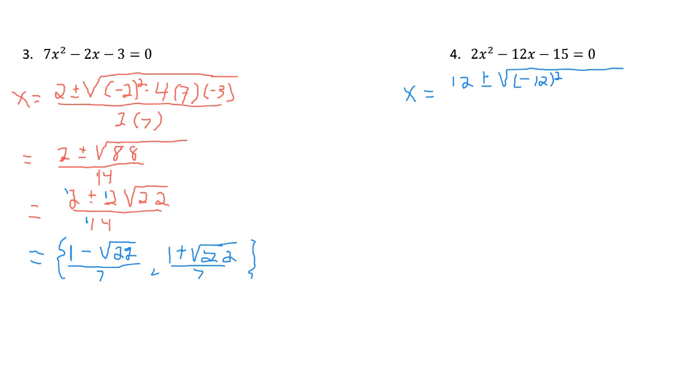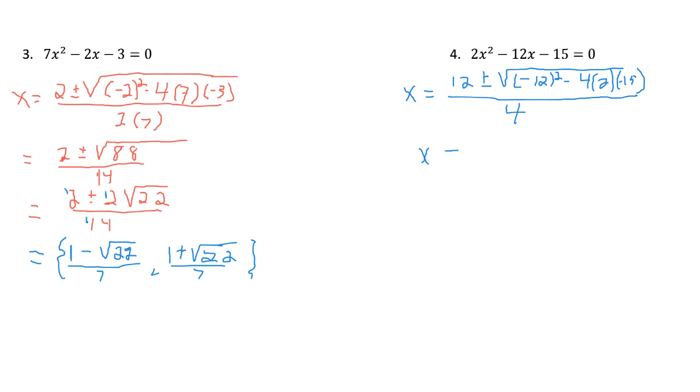That's positive 144, not negative. Minus 4 times 2 times 15, negative 15, sorry. All over 2 times 2, which is 4.